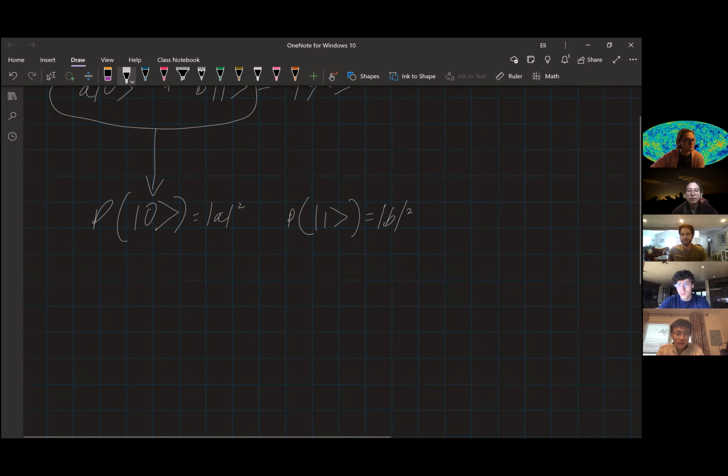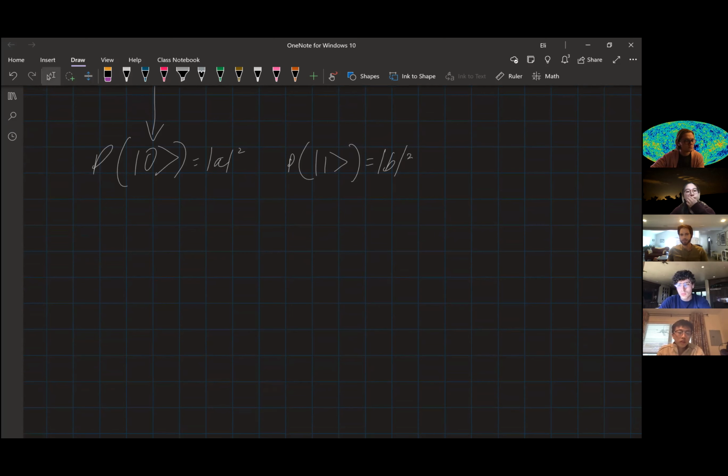So the simplest way, I think, is just to jump into how this actually works in this particular physical system. In this particular physical system, they take what's called a superconducting qubit.